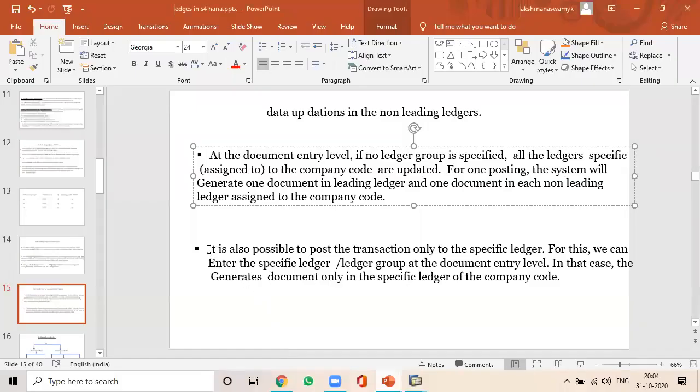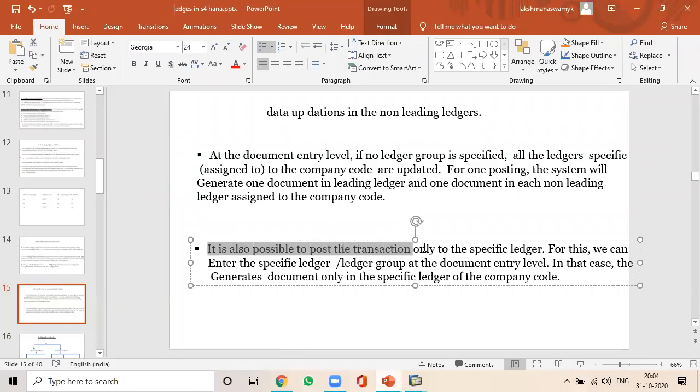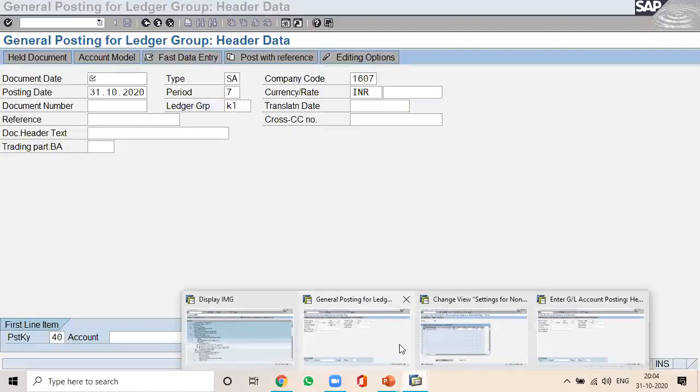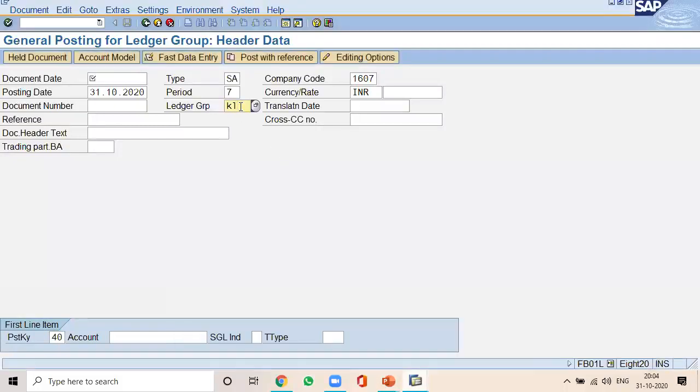Clear? And it is possible to post transactions only to a specific ledger. That means, suppose you can enter the A1 ledger group also. The A1 ledger group contains only the A1 ledger, because when you create the A1 ledger, the system automatically creates a ledger group with the same name. That's why it is quite possible to post the transactions to a specific ledger also.